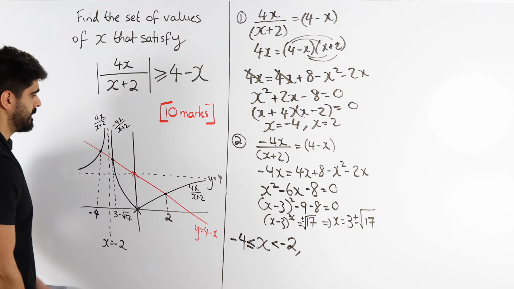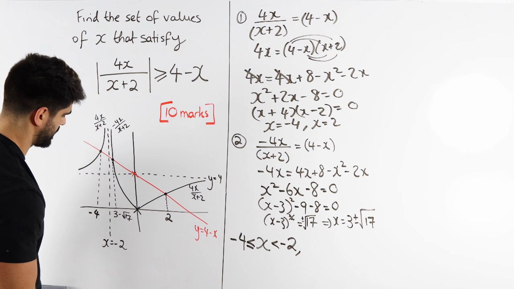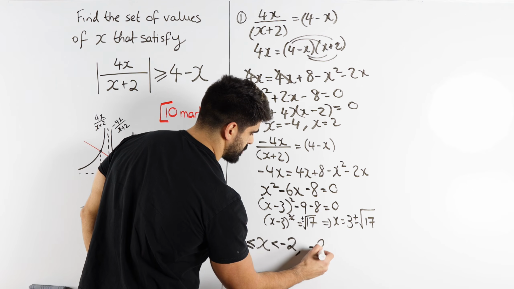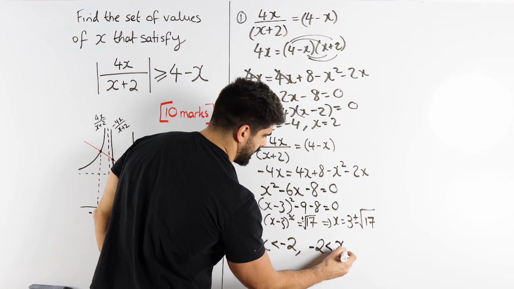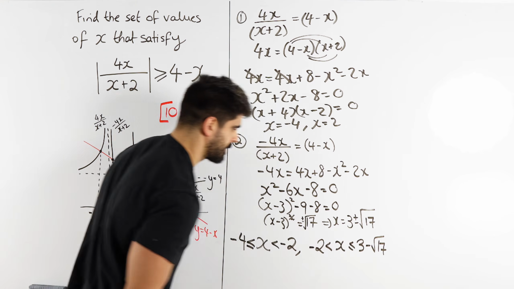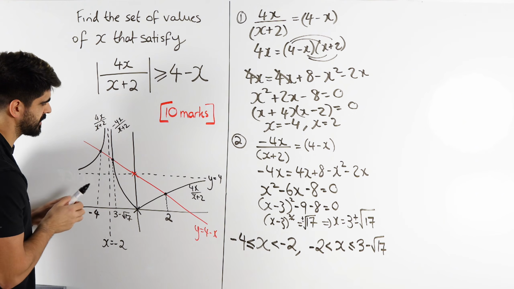Then I have this mini solution in between the minus 2 and the 3 minus root 17. So I have the minus 2. It cannot equal that, x, but then it can equal the 3 minus root 17. So there's that solution which I've done separately.